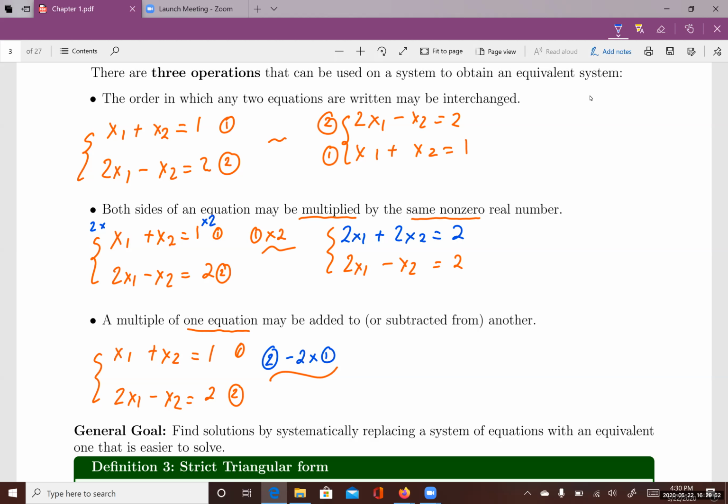First I multiply the first equation by 2, and then I take the second equation and subtract the first equation. Let's see what it means.